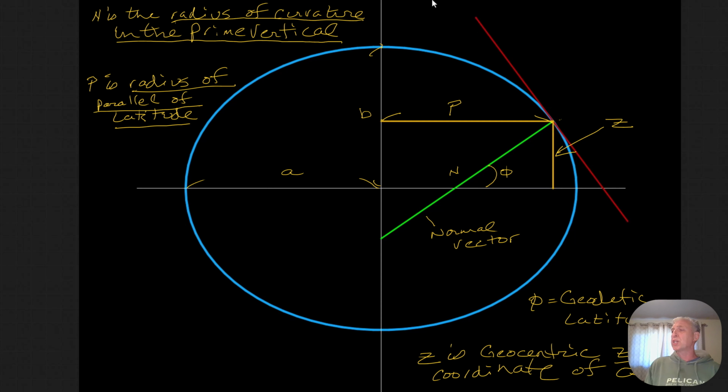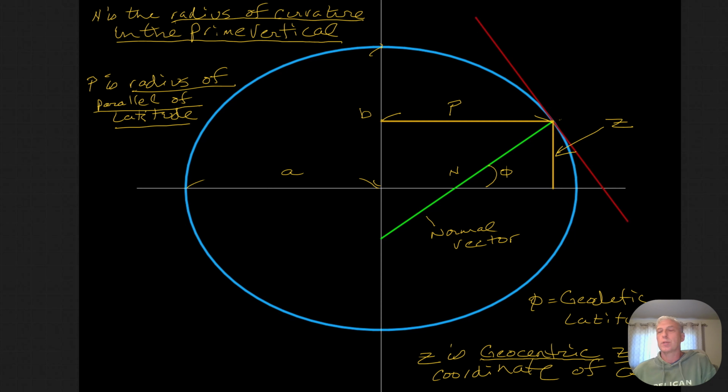So z is the geocentric coordinate, or the xyz. Remember we called xyz the geocentric Cartesian coordinates? That's just the z geocentric coordinate. Okay, that's the basic anatomy that we're going to play with.